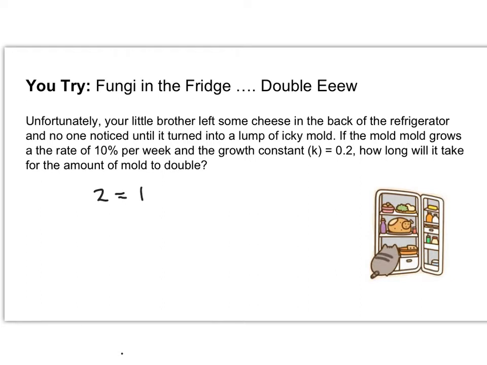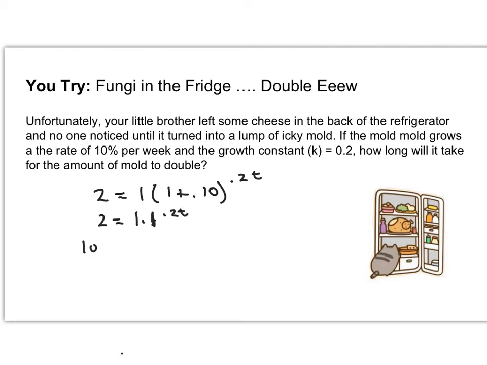So it's easier just to use 1 and 2. My rate is 10%. My growth constant is 0.2. And then if I divide both sides by 1, I still end up with 2. And then the value at the base of my exponential becomes 1.1 to the 0.2t.